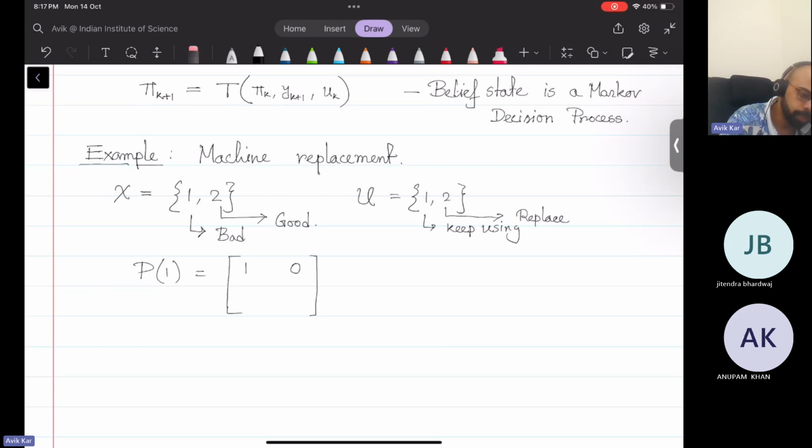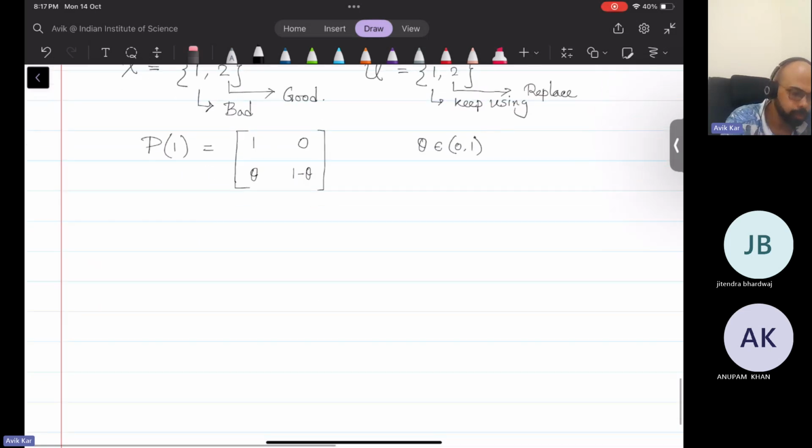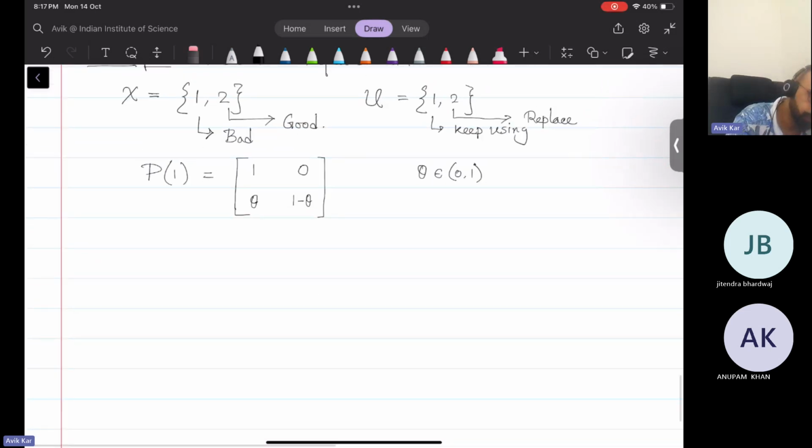Very obvious. And if the machine is good and you keep on using it, then it will be in bad state in the next time step with probability theta. Theta belongs to 0 to 1. And with probability 1 minus theta, it will be in good state.